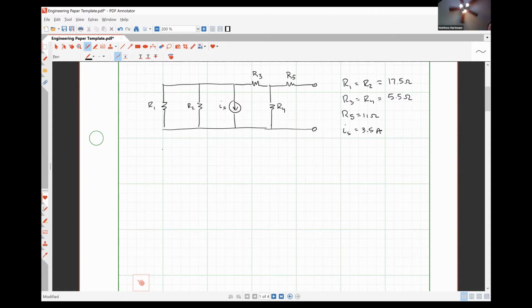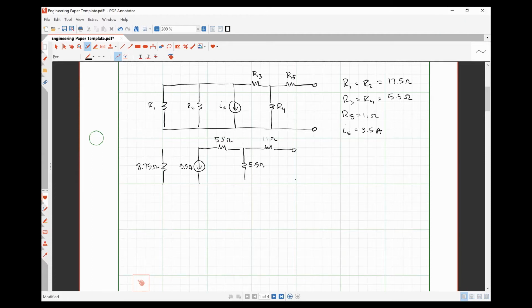So we would have an 8.75 ohm resistor here, 3.5 amp source here, 5.5 ohms, 5.5 ohms, 11 here in the terminal.